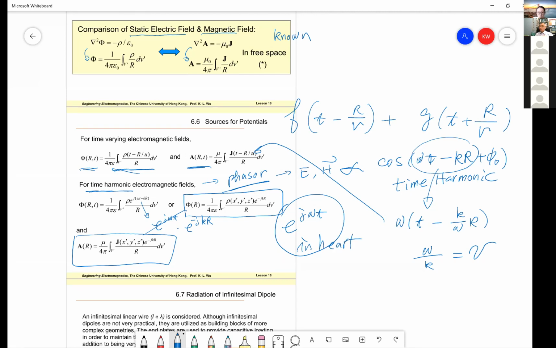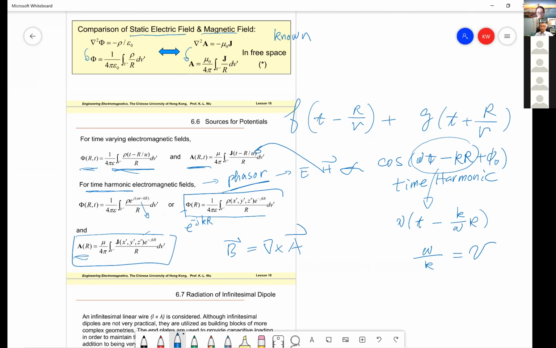We don't repeat it. This tells us A is very convenient to find if you know the current. Because A is so simple, you can imagine B, the curl of A, related to the source, will be in a much more complex way, right?